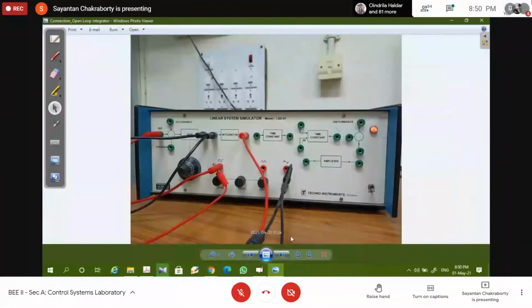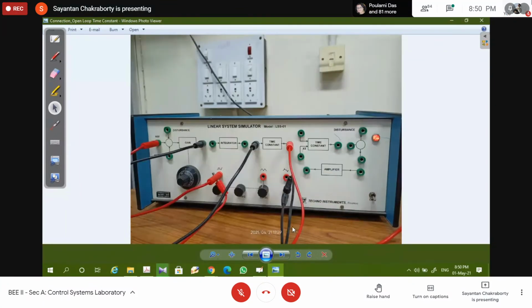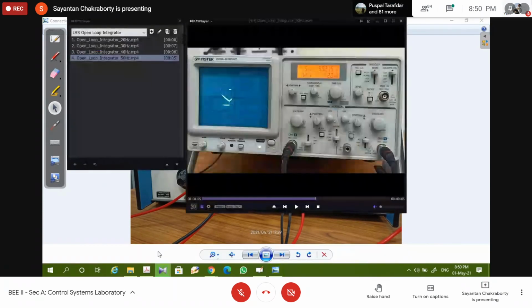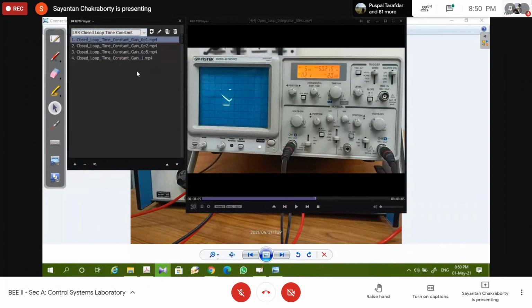So the connection diagram will be something like this. See, input reference is coming over here to the gain. It is coming over to the time constant block. It is multiplied by 5 here. Coming to the time constant block, and output is taken over to the CRO. Very trivial thing.